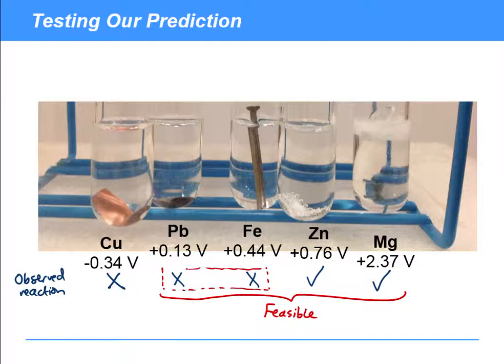There's a limitation to our prediction, and the limitation is a limitation of reaction rate. So they're not observed in practice due to a slow rate. And a slow rate means a high activation energy.